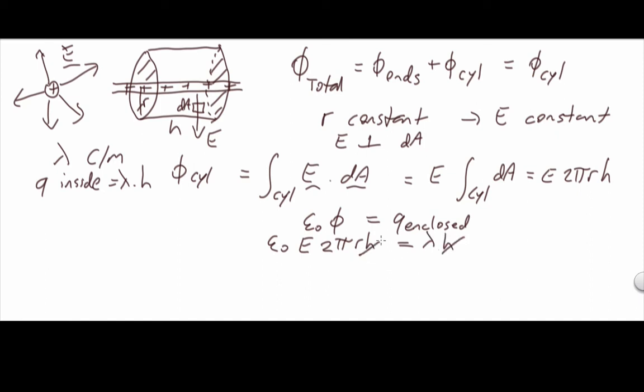The h's are going to cancel, so we are left with E equals the charge density over 2 pi epsilon naught r. And that is the result for the electric field a distance r away from an infinite line of charge.